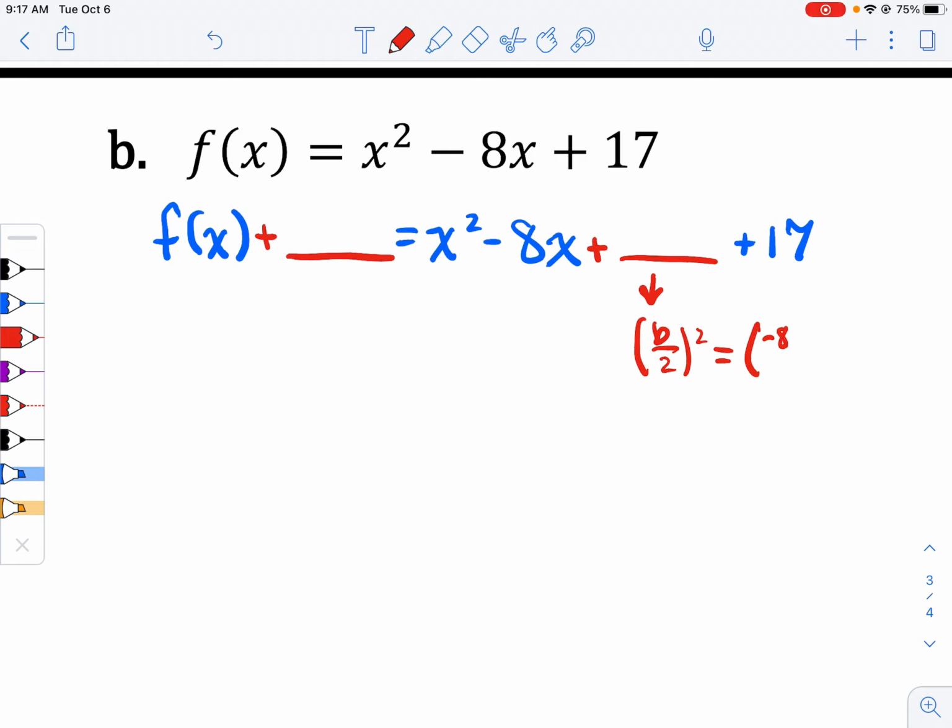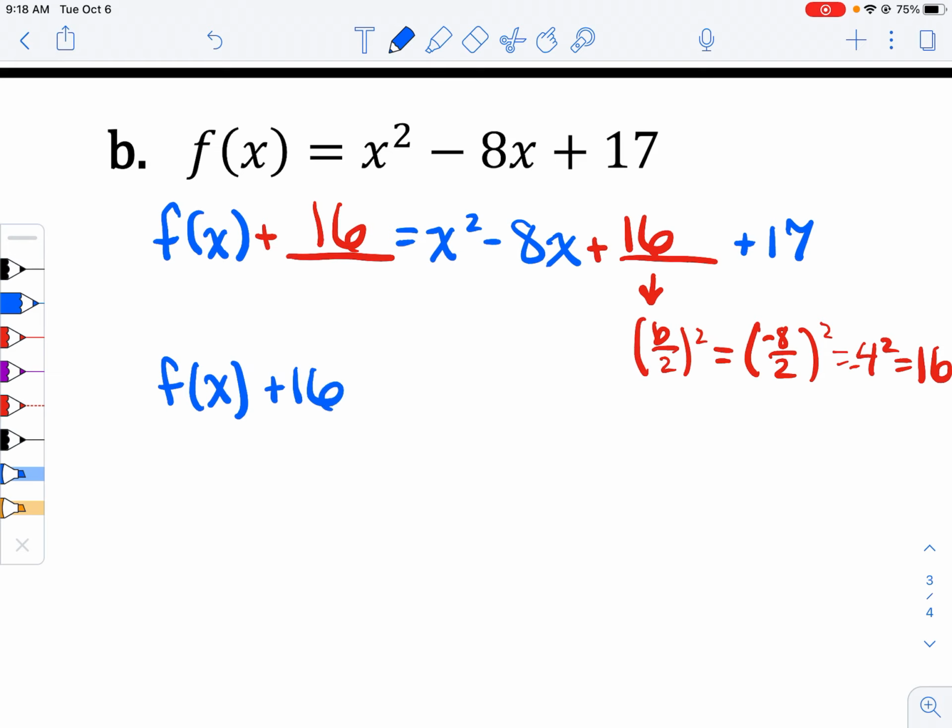In this case, b is -8 over 2 squared, which would be -4 squared, which is 16. So now I have f of x plus 16 equals x squared minus 8x plus 16 plus 17.